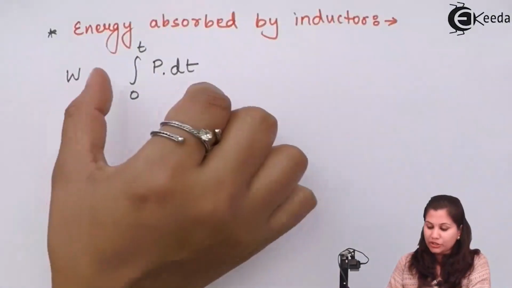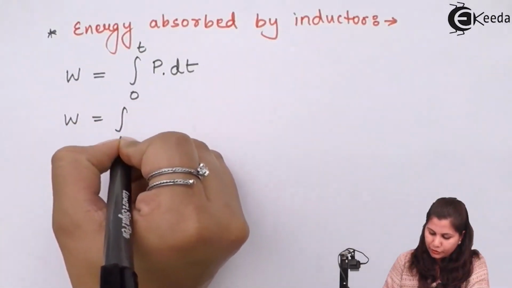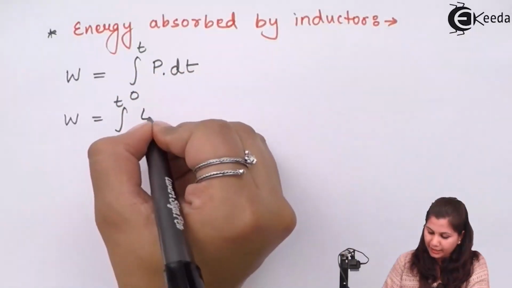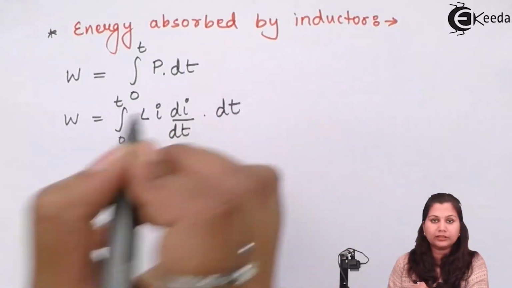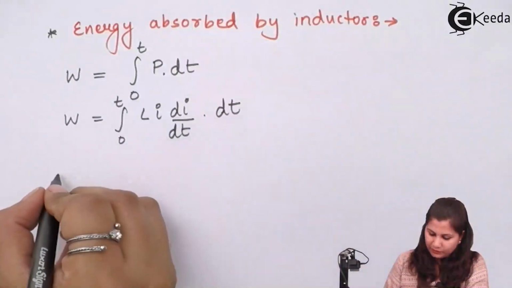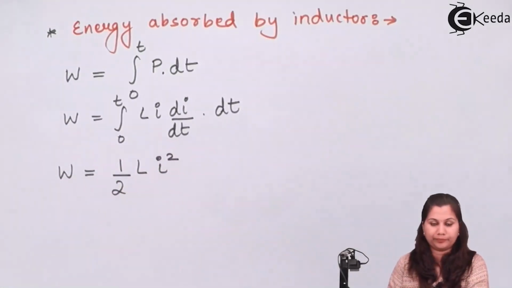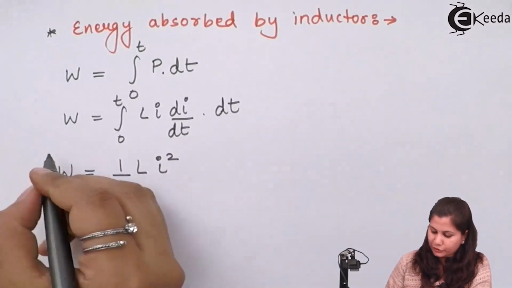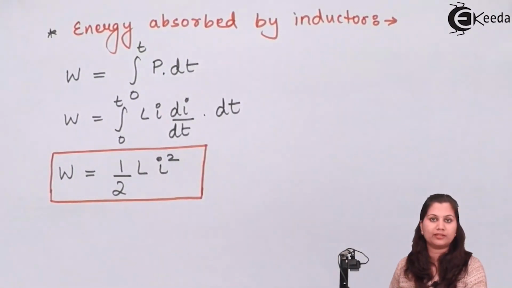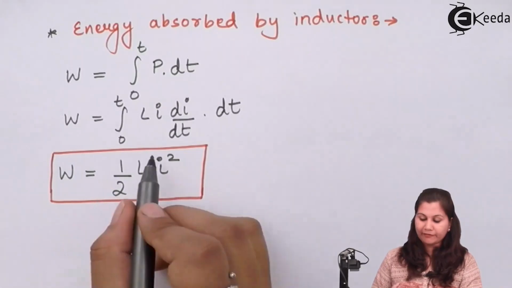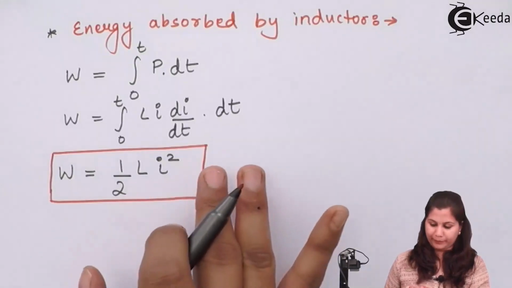Now in this equation, if we put the value of power, L I di by dt, multiplied with dt, then integrating this we get half L I square. So that is how the energy absorbed by the inductor is defined, and we can calculate it using this formula. So power is given by L I di by dt and energy is given by half L I square.